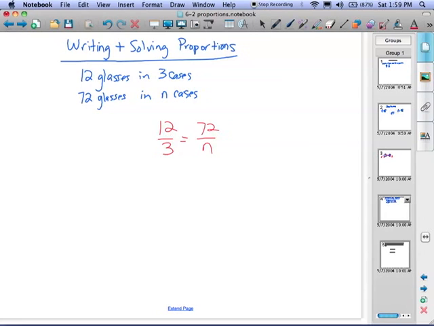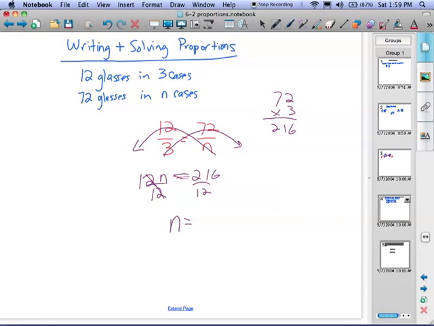Solving it just like every other problem, cross multiplication. 12n equals 72 times 3, because we don't know it off the top of our heads, which is 216. So now I have 12n equals 216. To figure out what n needs to be, we divide both sides by 12.